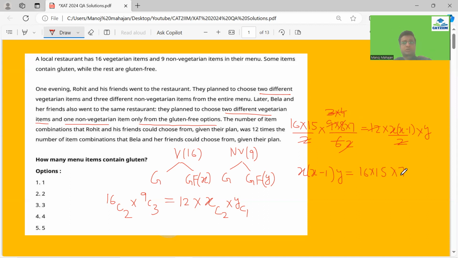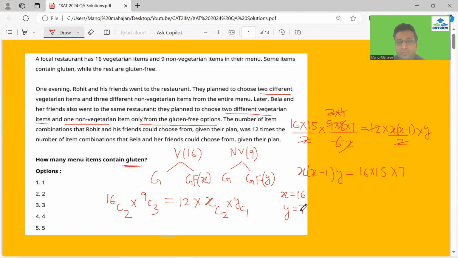If I look at the question, there is no option like cannot be determined. So there must be a fixed number of total gluten items, and the options are 1, 2, 3, 4, 5. So we can look for one solution out here. One of the solutions which I can look forward to from here is X is 16 and Y could be 7.